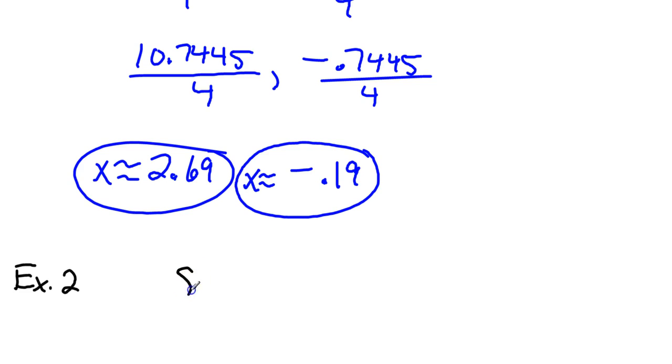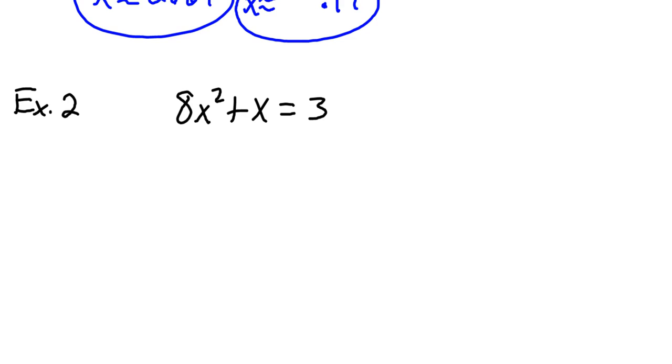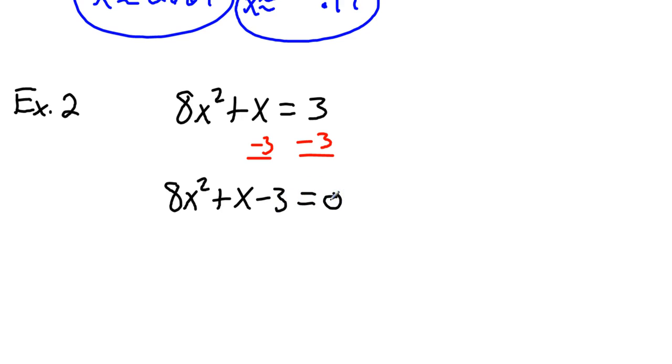Okay, so for this one, let's go with 8x squared plus x equals 3. The only catch on this one is it's not equal to 0. So the very first thing you want to do is subtract the 3 and bring it back to the left-hand side, so that you have 8x squared plus x minus 3 equal to 0.